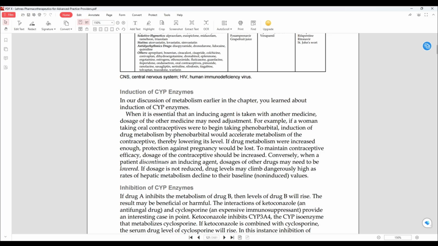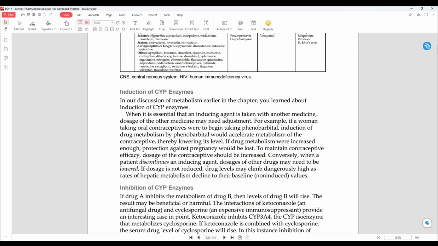For example, if a woman taking oral contraceptives were to begin taking phenobarbital, induction of drug metabolism by phenobarbital would accelerate metabolism of the contraceptive, thereby lowering its level. If drug metabolism were increased enough, protection against pregnancy would be lost. To maintain contraceptive efficacy, dosage of the contraceptives should be increased.